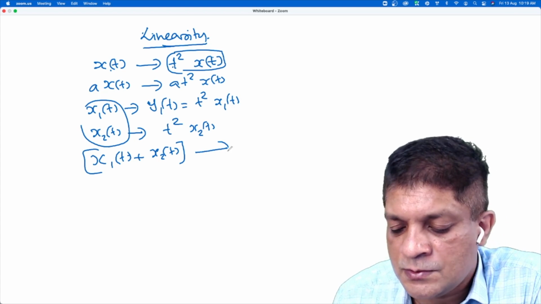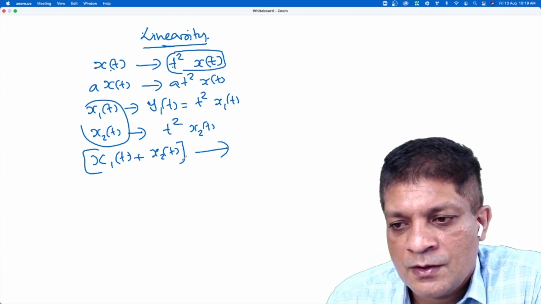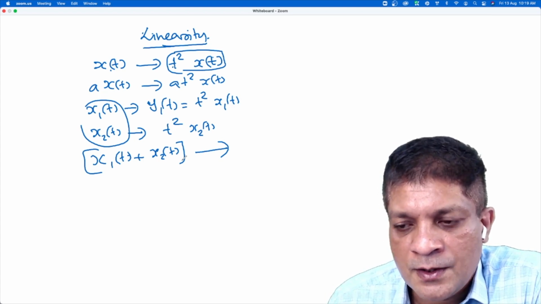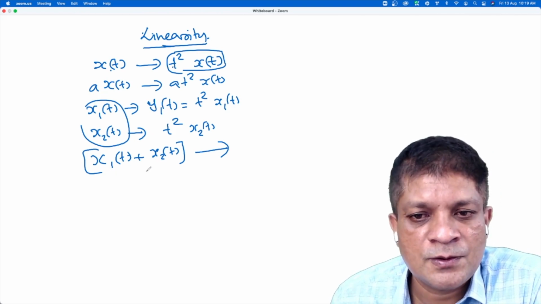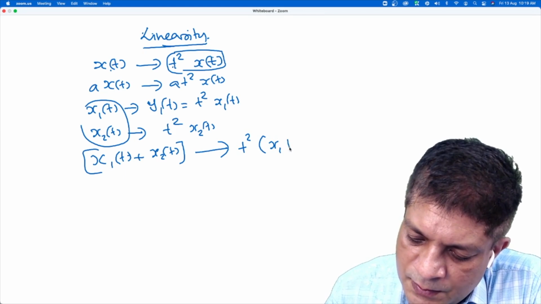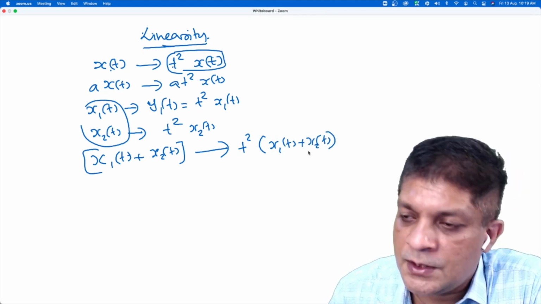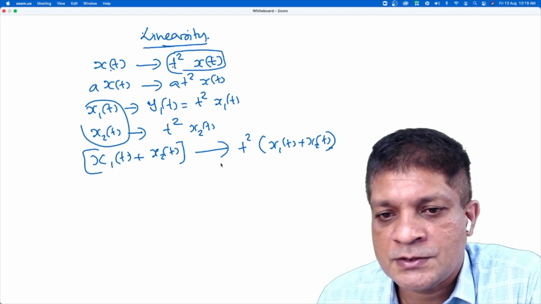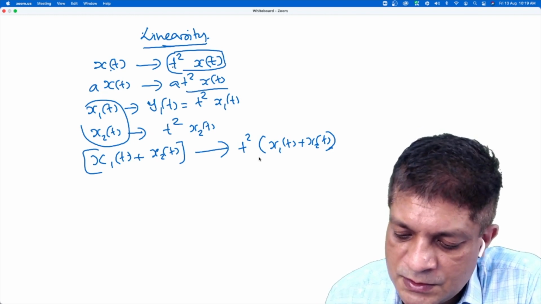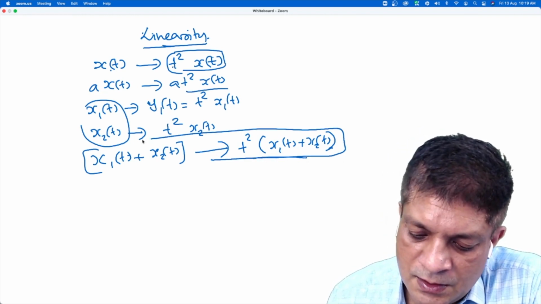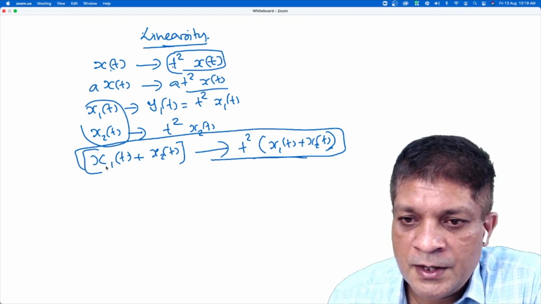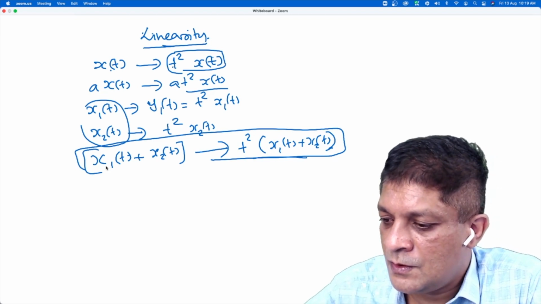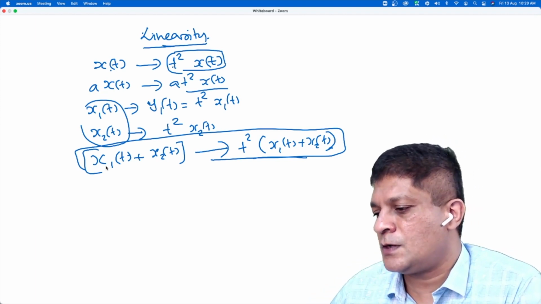The system multiplies whatever input you give by t squared, so the output is t squared times x1(t) plus x2(t). We have already shown that it is homogeneous, and this shows that the system is also additive. Since it satisfies both properties, it is a linear system.